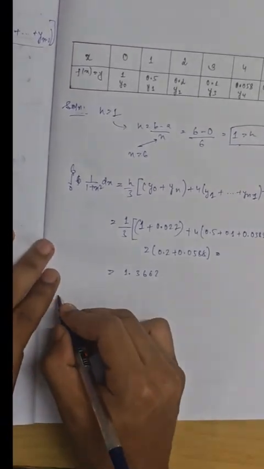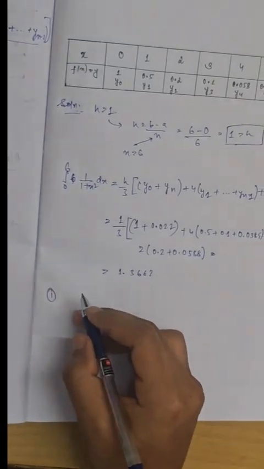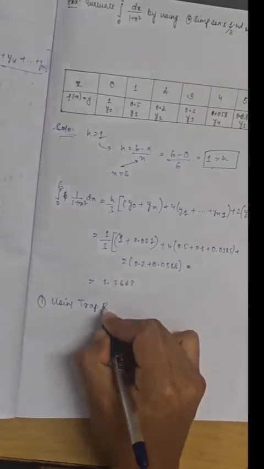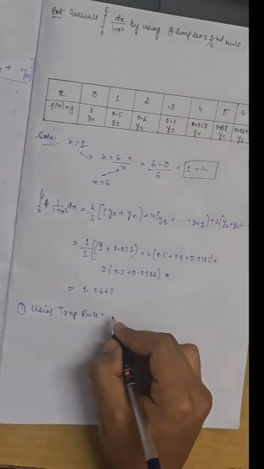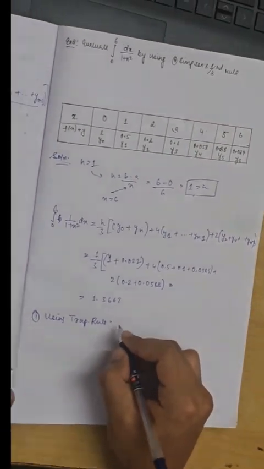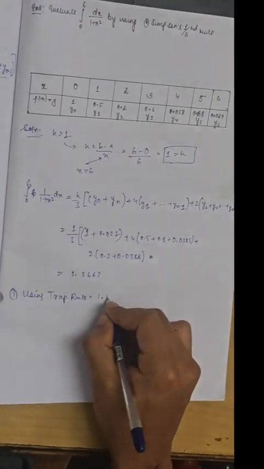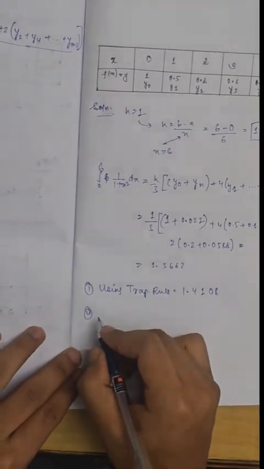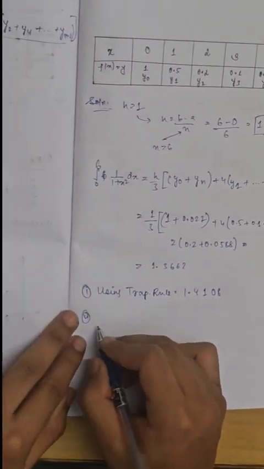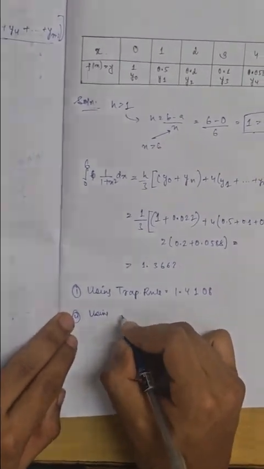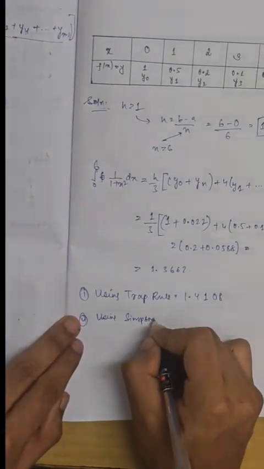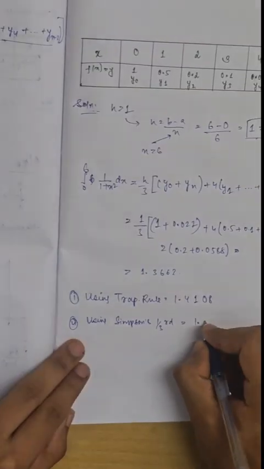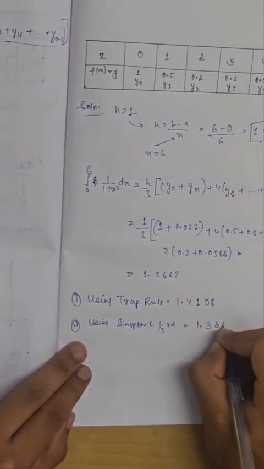Now let's analyze the different answers we got for the same question. By using the trapezoidal rule, we got the answer for our function, which was 1.4108, and by solving the same question using Simpson's one-third rule, we got an answer close to 1.3662.